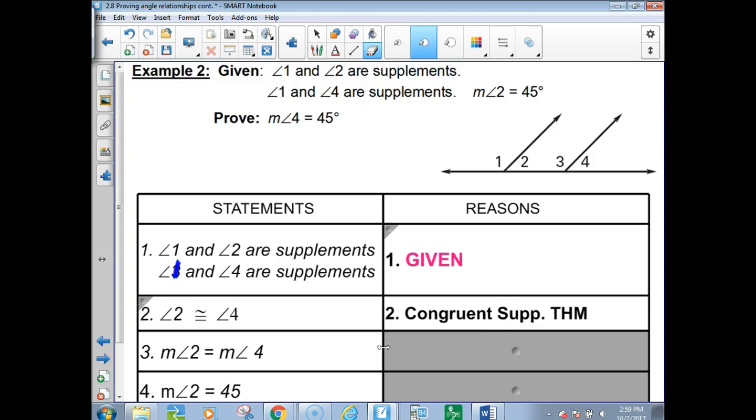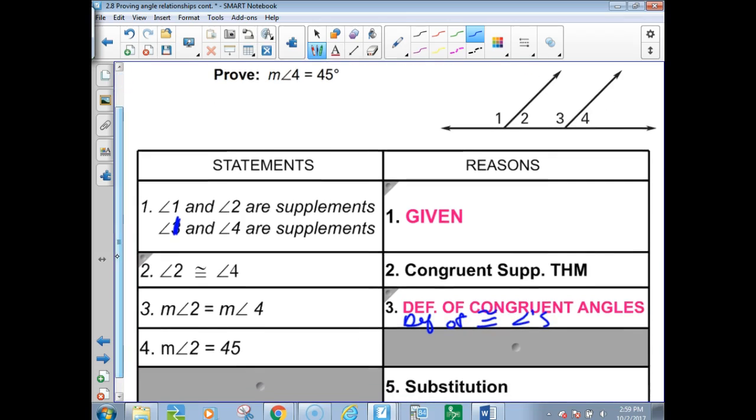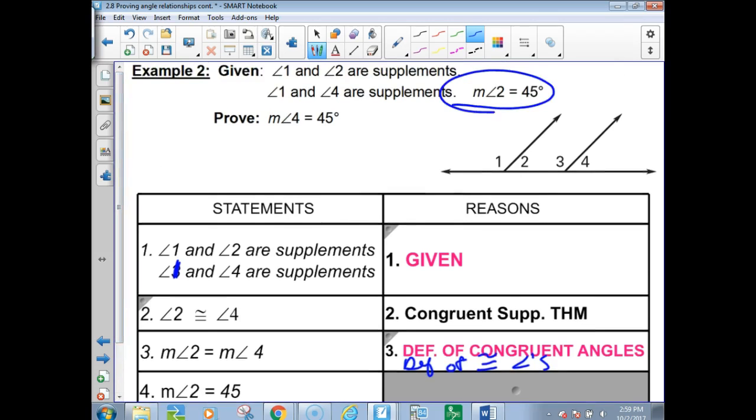The measures would be equal because that's the definition of congruent angles. Remember, you can write these a little bit abbreviated. Okay, and then finally, the measure of angle 2 is 45 was another thing that had been given.